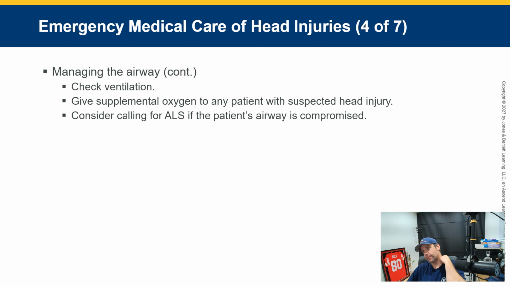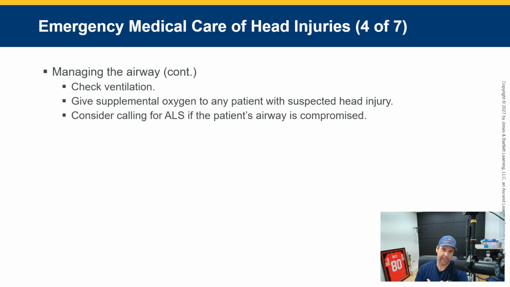If the patient is mechanically, and that's the key word, mechanically breathing adequately, so they're in that good range, let's say between 10 and 28, and they have good tidal volume, typically they'll need oxygen if their SpO2 levels are low or if they're showing signs of shock or poor skin signs: pale, cool, diaphoresis, cyanosis.